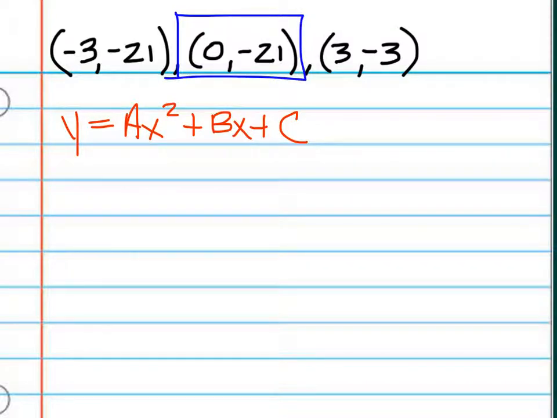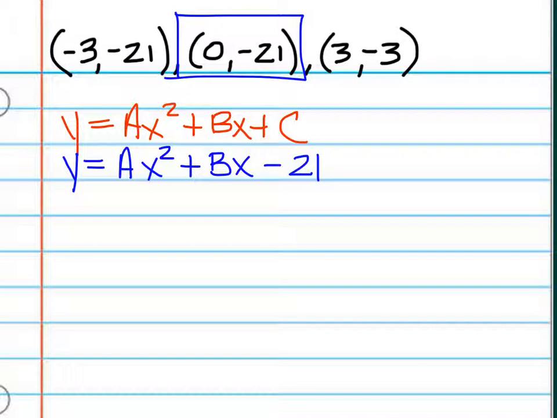If it's 0, negative 21, then what would be the value of c? Negative 21. So you should be able to write y equals ax squared plus bx minus 21. That's how much of the function we know so far. We have to solve for a and b next.